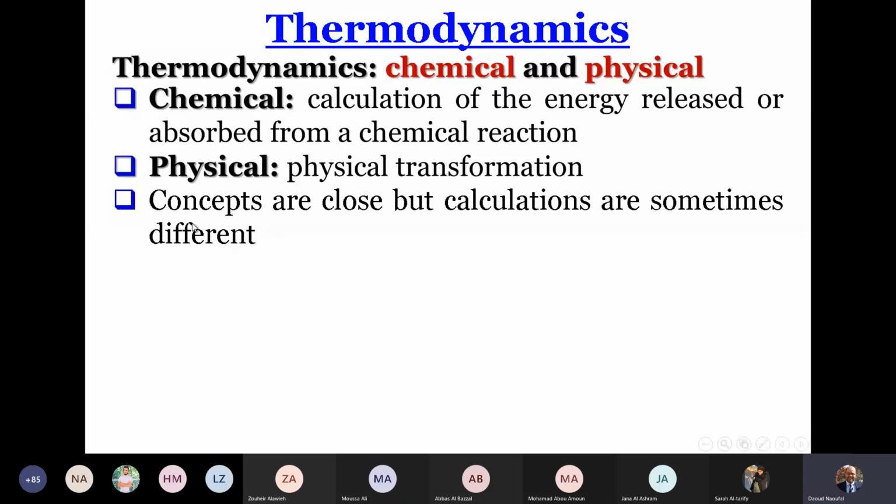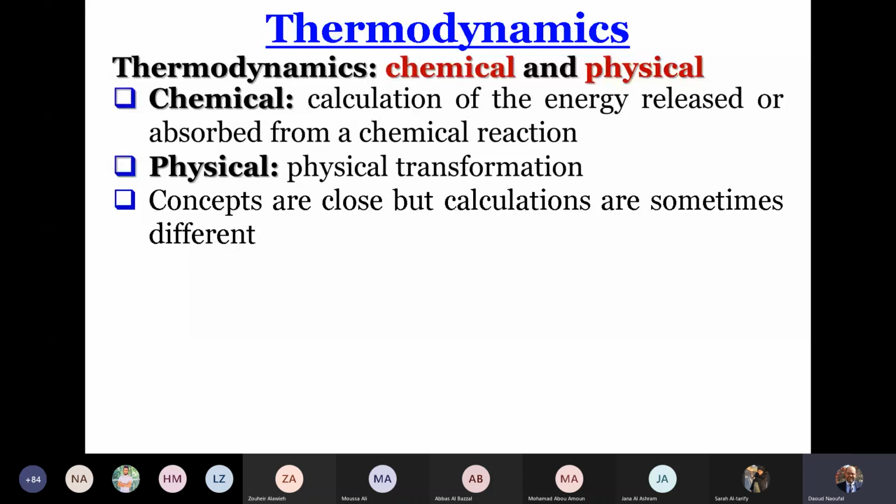Pay attention that in thermodynamics, the concepts for chemical or physical transformation are practically the same, or close, but the calculations of the energy change in the chemical is different from that in physical.